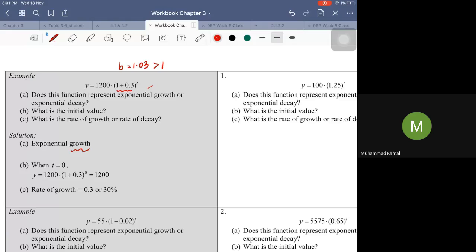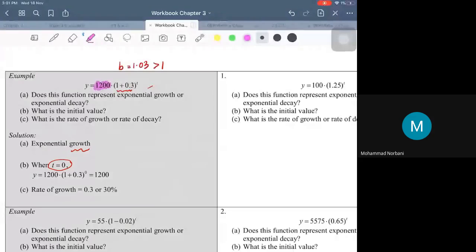Lepas tu dia tanya lagi, apa dia initial value? So initial value adalah nilai Y bila T sama dengan kosong. Tapi sebenarnya tak kira pun tak apa. Sebab ni kalau you tengok dia adalah nombor yang kat depan ni. Tu adalah kita punya initial value. Dia adalah A. So A for this case adalah 1200. And then it asks you what is the rate of growth and decay.